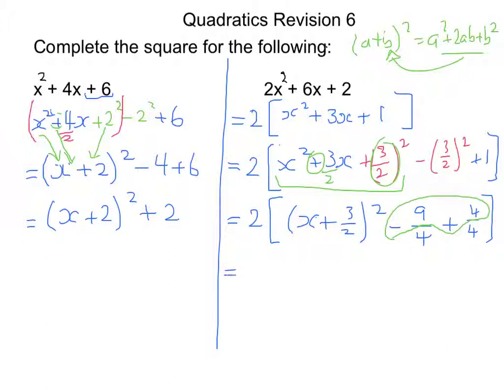So this will be equal to 2, x plus 3 over 2 squared, minus 9 plus 4 will be minus 5. Like so. Now I need to get rid of that square bracket, so I'm going to multiply everything through. For the 2 in the bracket at the front, I'm just going to write the 2 out the front.